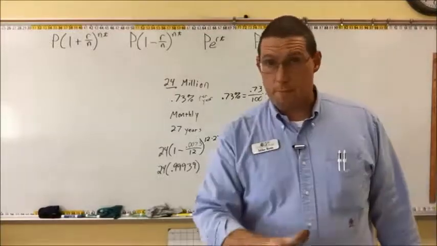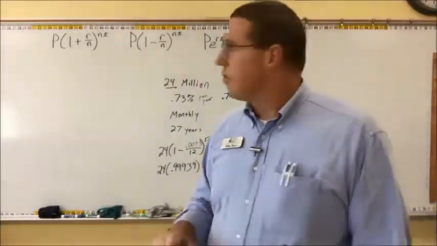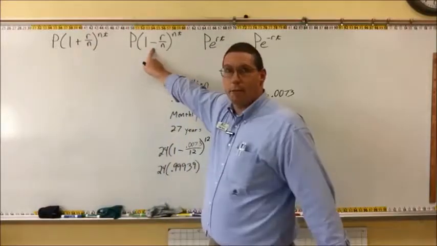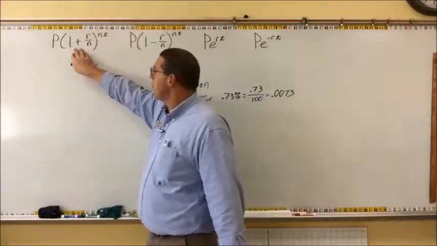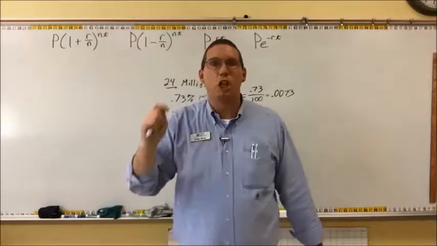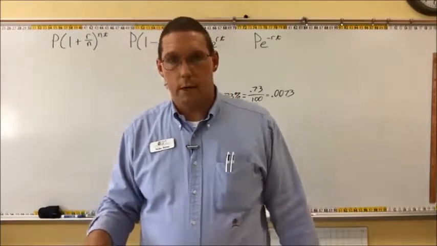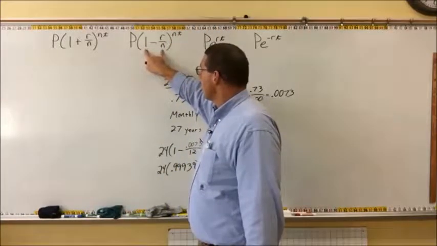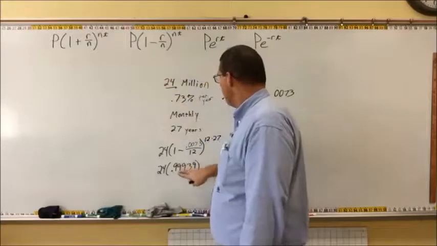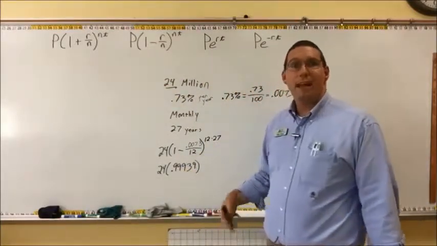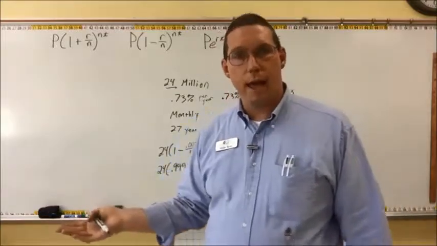I want you to notice the difference between the discrete growth and the discrete decay formula. In the discrete growth formula, this number inside the parentheses will always be larger than 1. And the number inside the parentheses here will always be less than 1, 0.999. This is less than 1. And that's how we accomplish growth or decay.